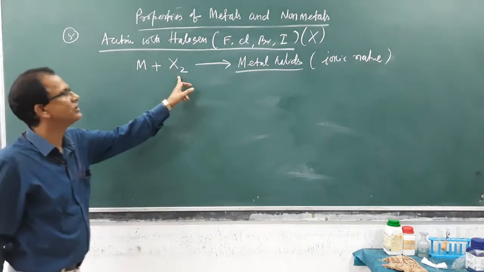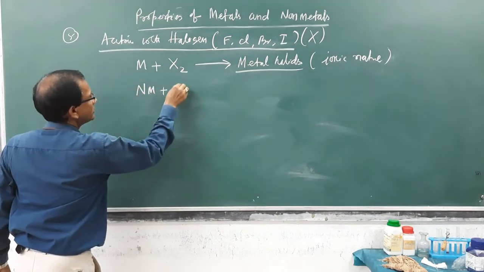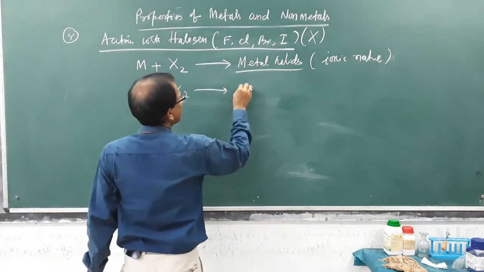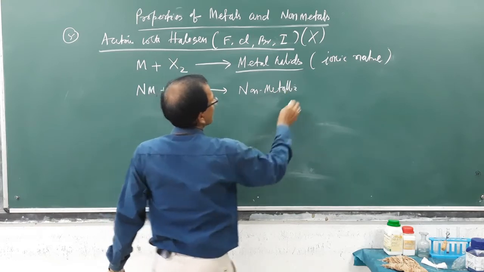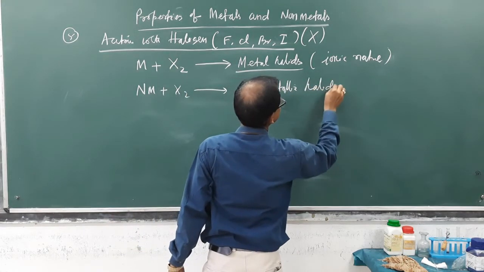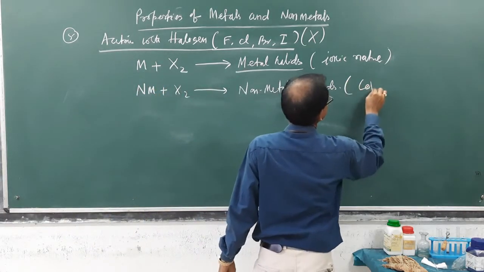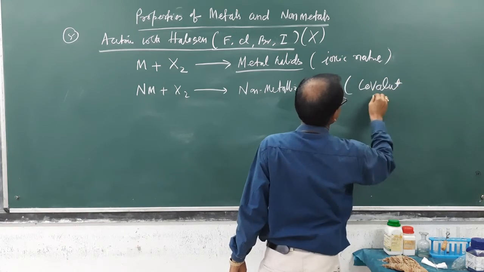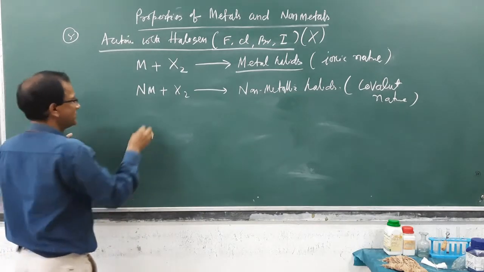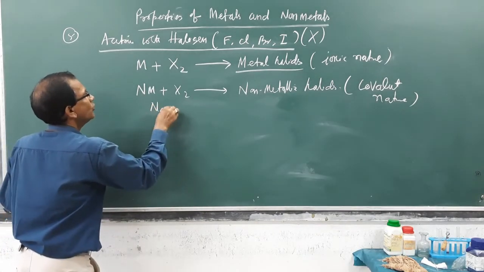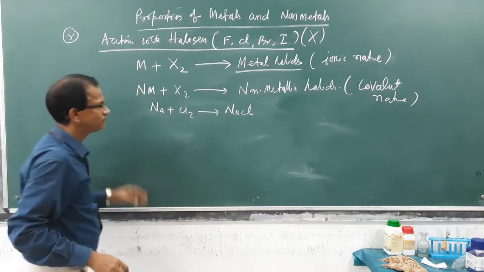So metal with halogen produces metal halides, and non-metals with halogen produce non-metallic halides. And non-metallic halides are almost covalent in nature. What are the examples? For example, sodium with halogen chlorine forms sodium chloride.